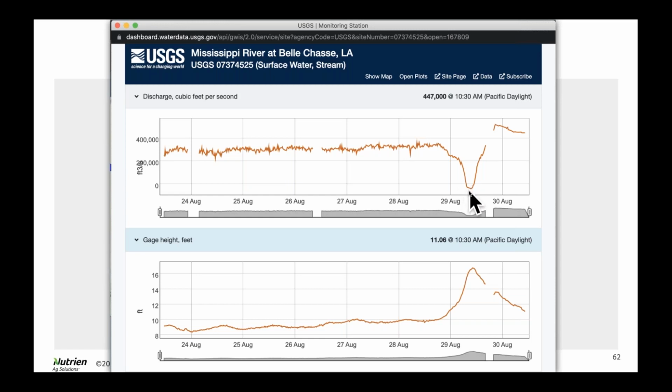The level in the water rose up about 12 feet and then the hurricane moved on and all that water came out. Now, why we're talking about it is because Hurricane Ida also took offline a lot of our natural gas and oil refinement, which hit nitrogen in a huge way. That's where we get most of it. So this was a very disruptive system.